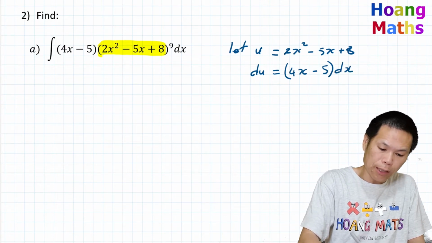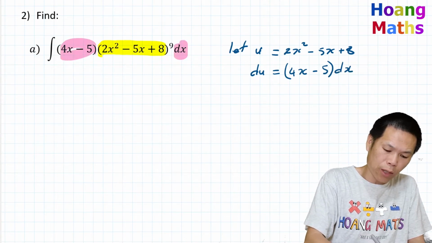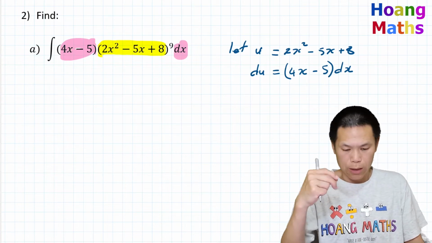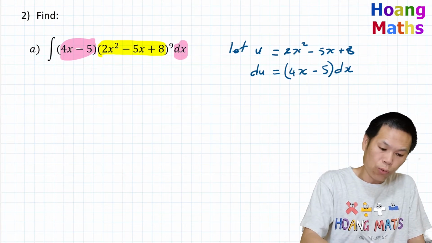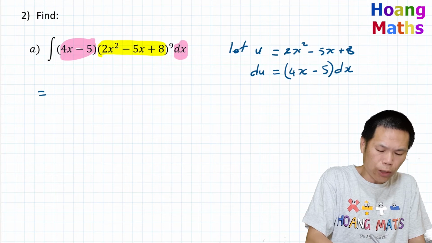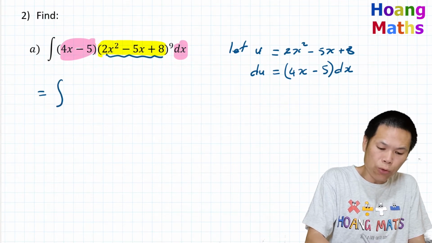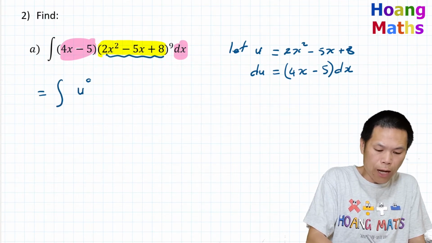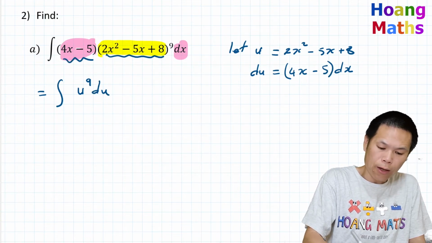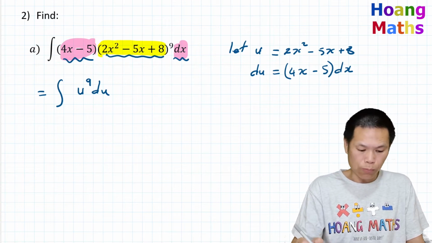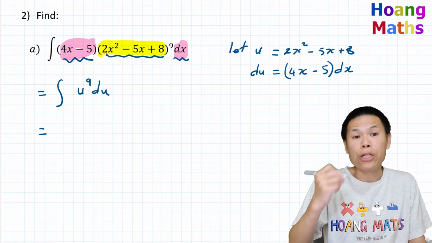What that means is these two terms multiplied together give me du. So we have the integral of u to the power of 9 times du, because this with this becomes du.